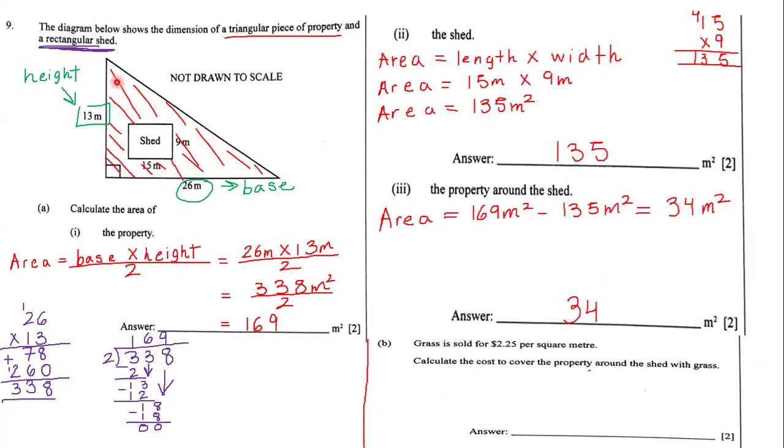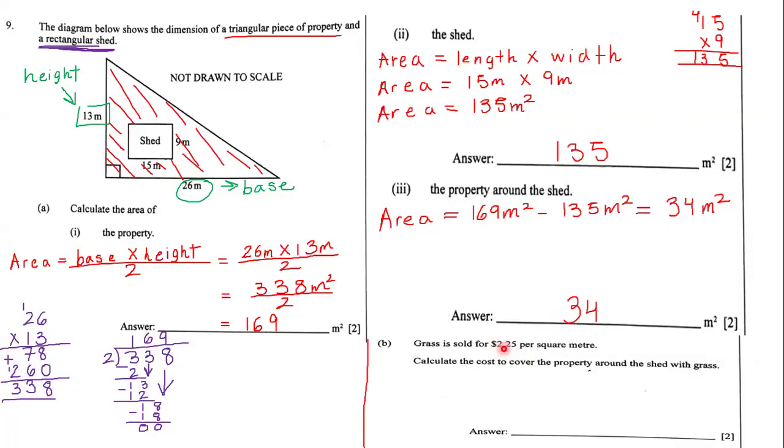So this area in the red where we want the grass to be is 34 square meters. If the grass is sold for $2.25 per square meter, that means for one square meter it's $2.25. But we have 34 square meters. So what's going to be the cost?